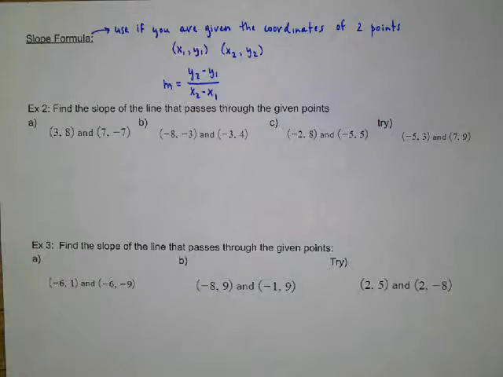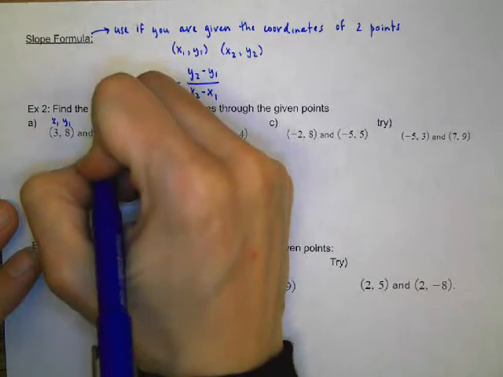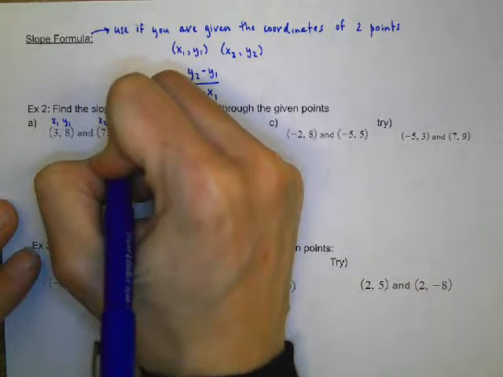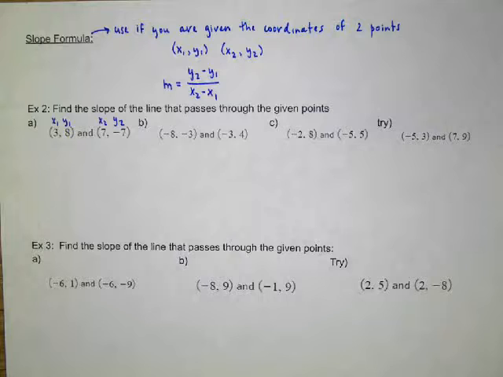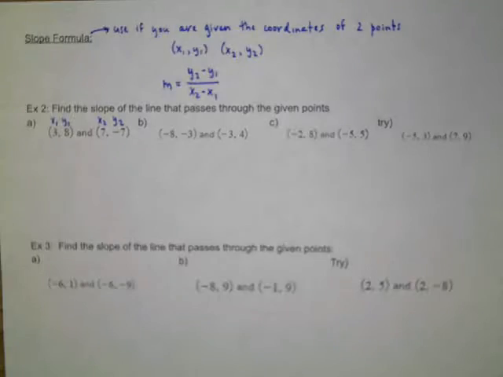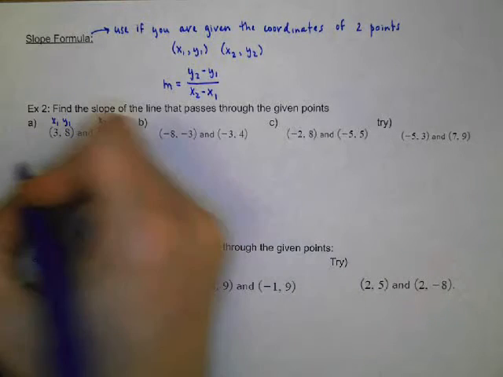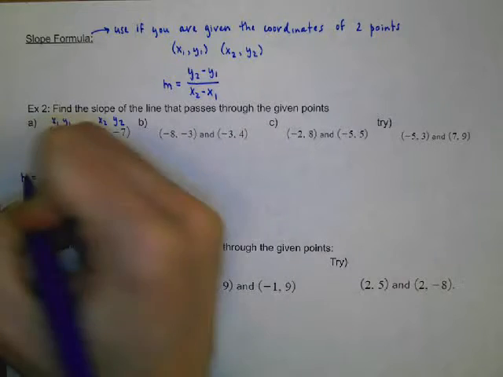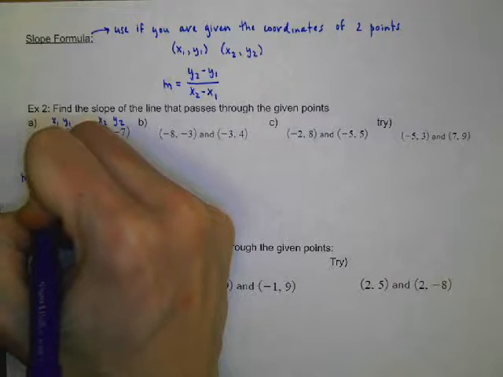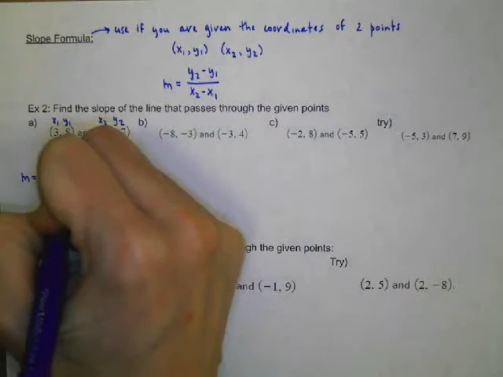So here's how we're going to apply this formula. I find that it's really helpful to label my points. So my first point I'm going to label x1, y1, and my second point will be x2, y2. Let me see if I can focus this a little better. Okay, not sure if that's better, but we'll go with that. So now my formula is y2 minus y1 over x2 minus x1.